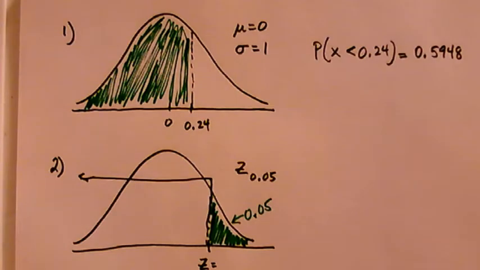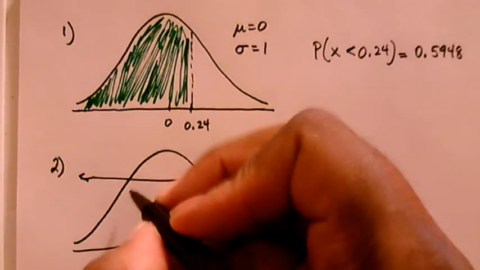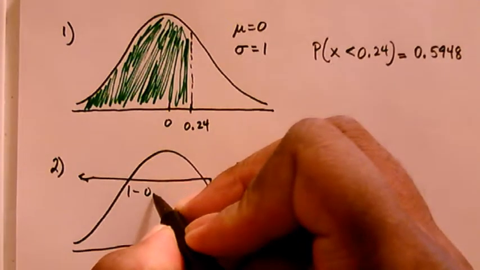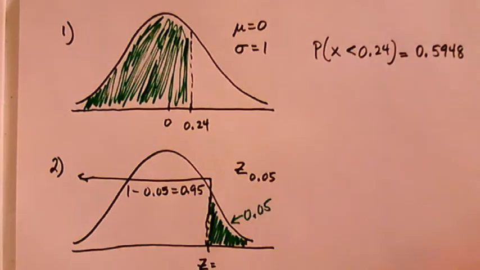Table A-2 requires us to use the cumulative area from the left. So if the area underneath the curve totals out to be 1, and we know that this is 0.05, then we'll do 1 minus 0.05, which is actually 0.95.